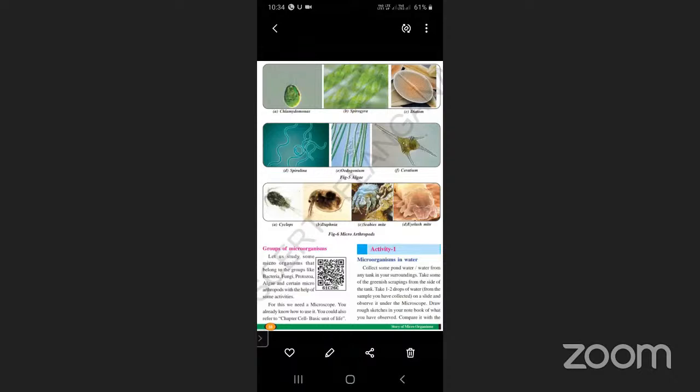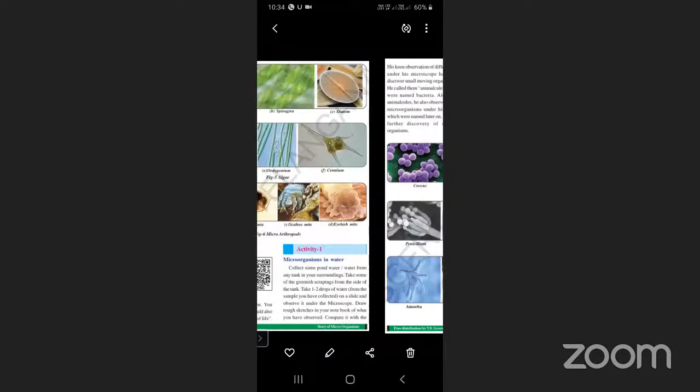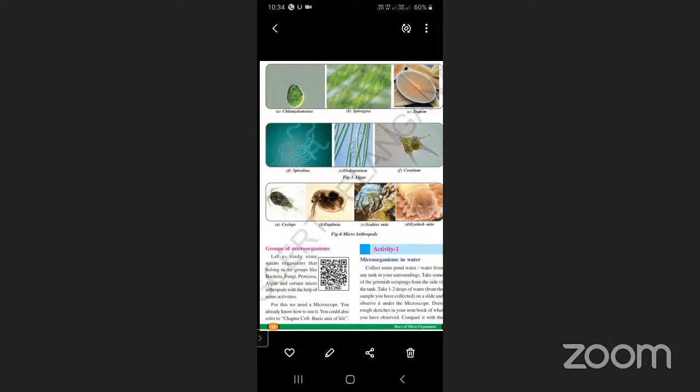I repeat once again. Coccus, Bacillus, Lactobacillus, Penicillium, Rhizopus bread mold, Aspergillus, Amoeba, Paramecium, Vorticella, Chlamydomonas, Spirogyra, Chaetomorpha, Spirulina, Oedogonium. Check the spelling of Oedogonium.